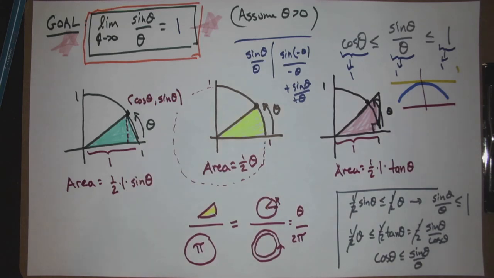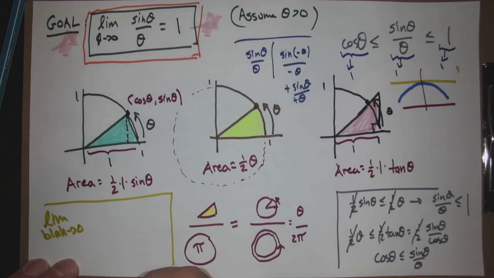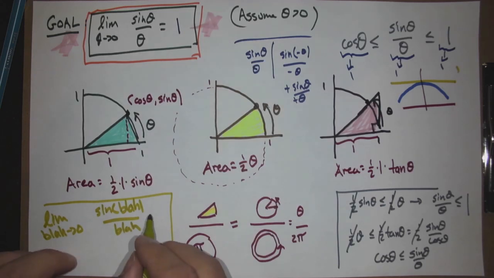Okay, now, I like to remember this just to sort of emphasize it to myself. This really says, if I have something, I'll call it blah. If I have sine of blah over blah, and blah is going to 0, what does this go to? 1.